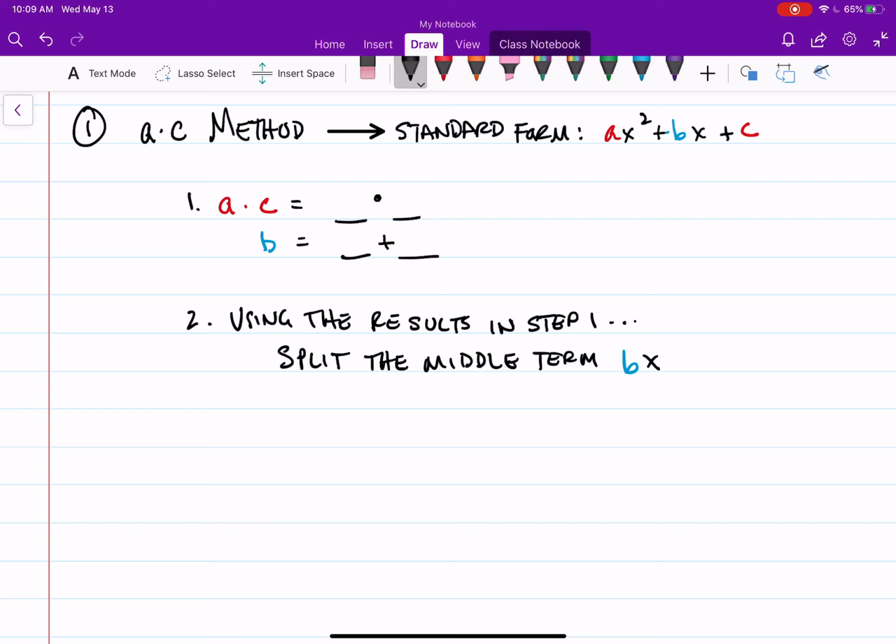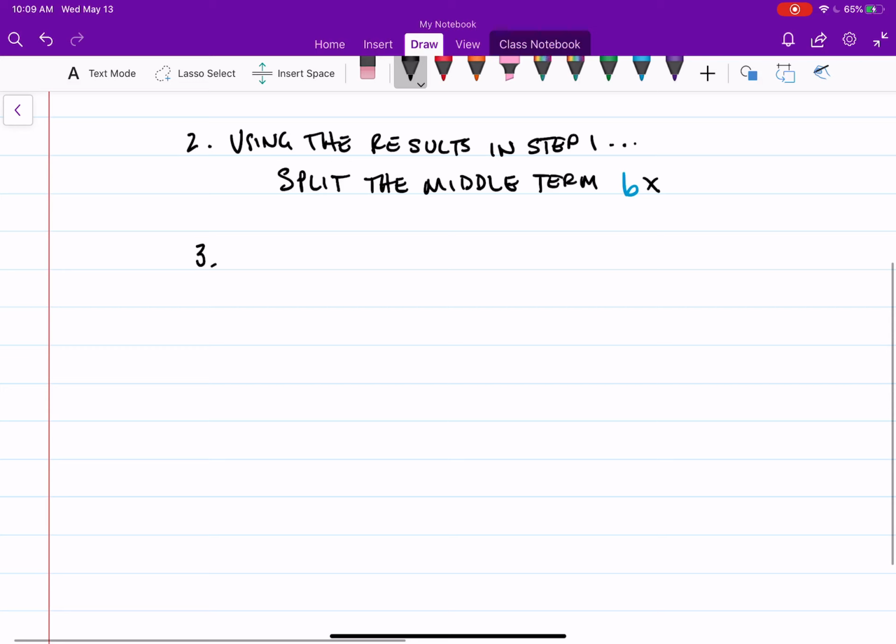And then step 3 is going to be factor by grouping.